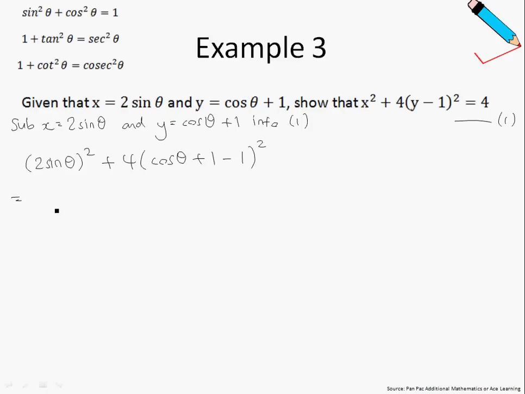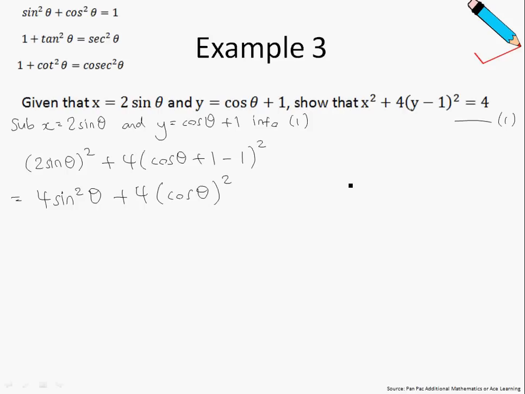Let me simplify this. (2 sine theta) squared is 2 sine theta times 2 sine theta, which is just 4 sine squared theta, plus 4 times cosine theta plus 1 minus 1, which is just (cosine theta) squared.